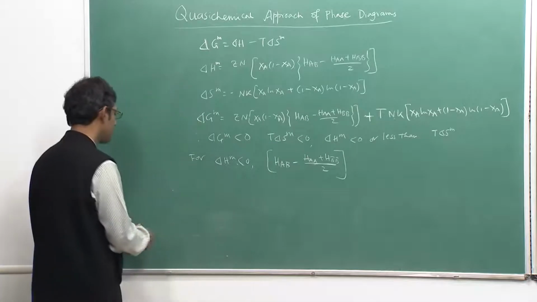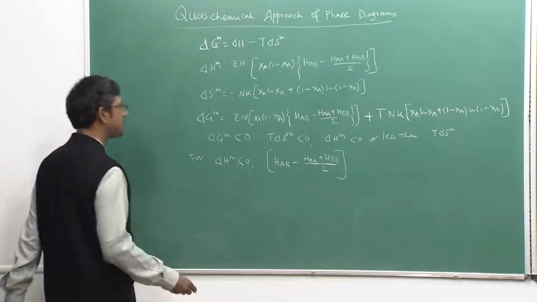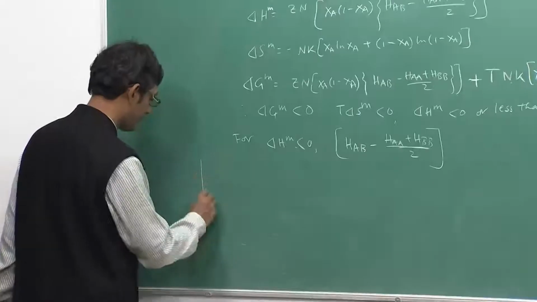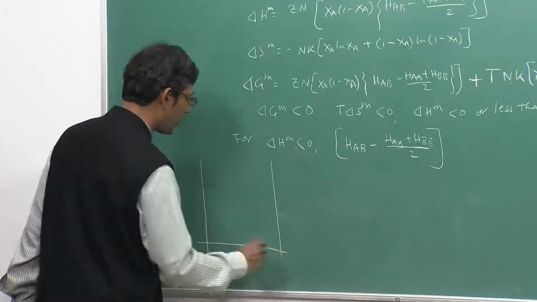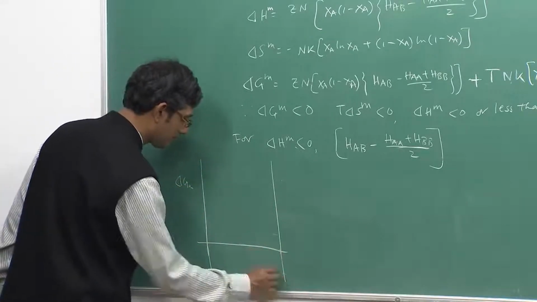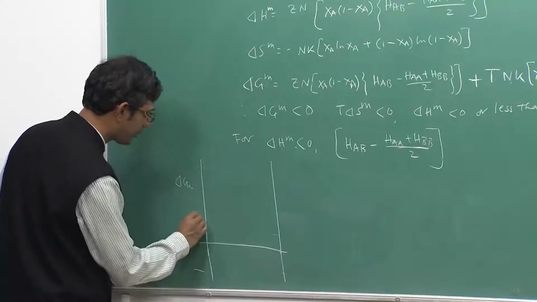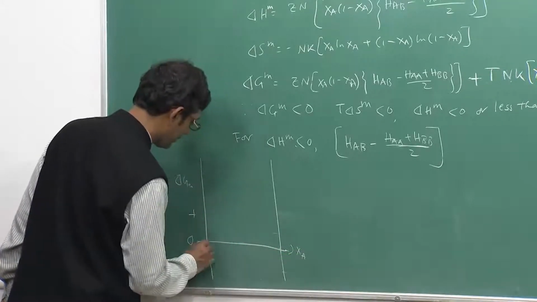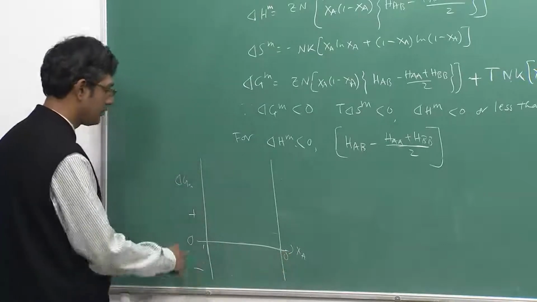As you know, the free energy for this will be positive, so it can give you different situations. So let me just draw a figure and explain. This is 0, this is negative, this is positive, and this is x a, right. This is 1, this is 0, x a.